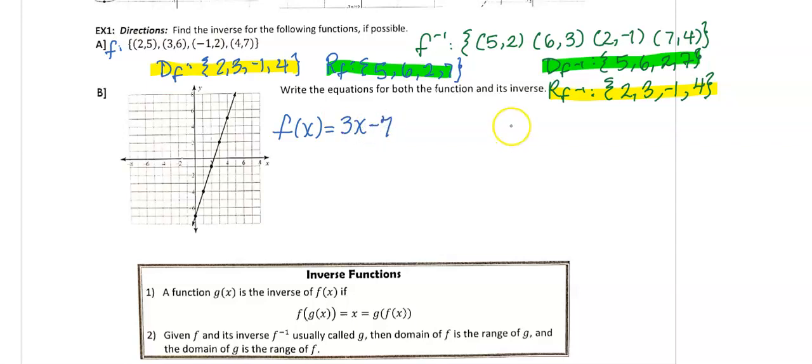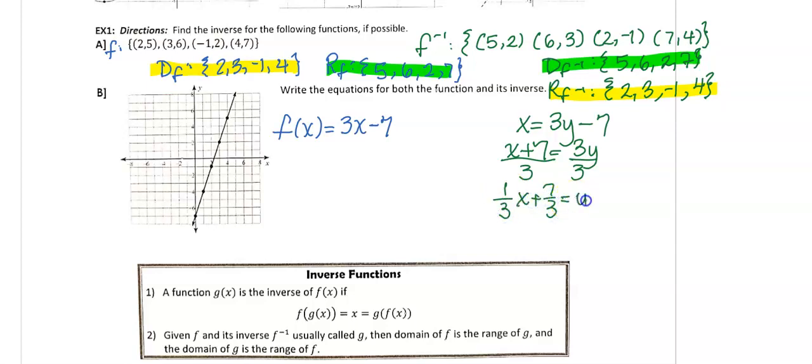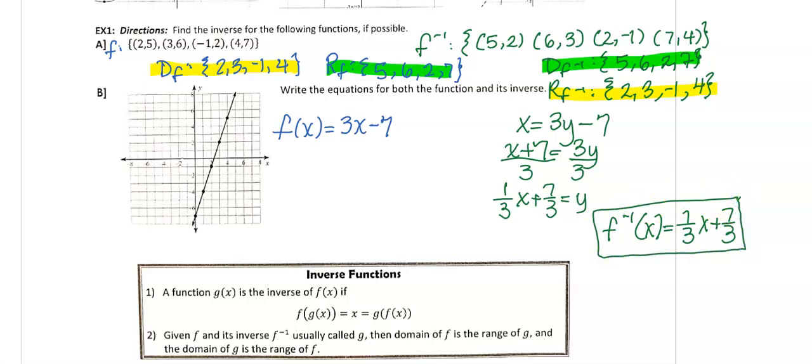For the inverse, I'm going to switch x and y and solve for y. So I'm going to divide each by 3. And let's just always write our inverse notation as such. All right, I know I'm not supposed to box it, but just so you can see the difference.